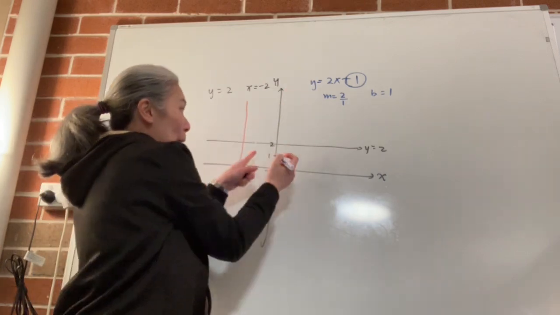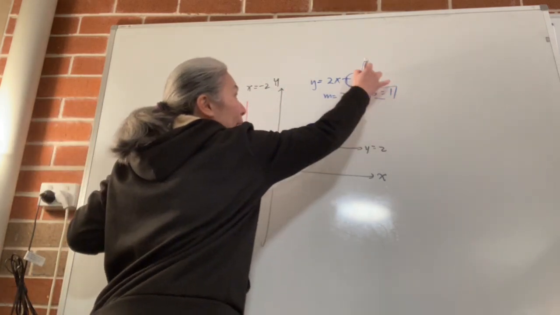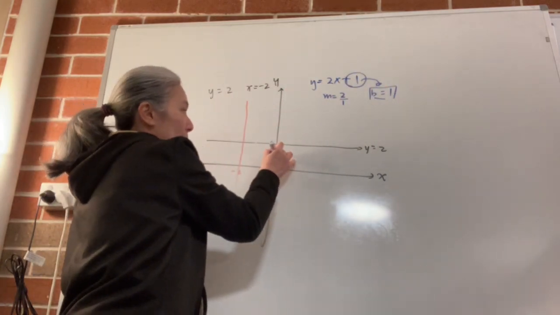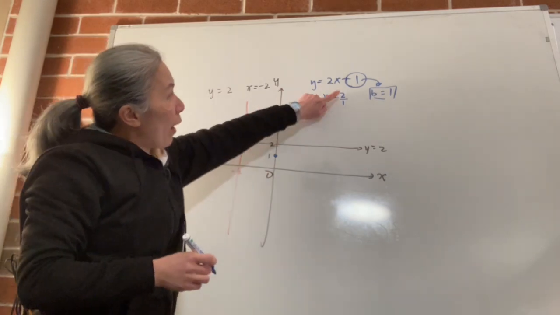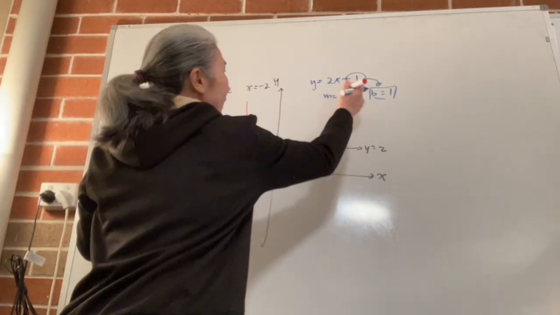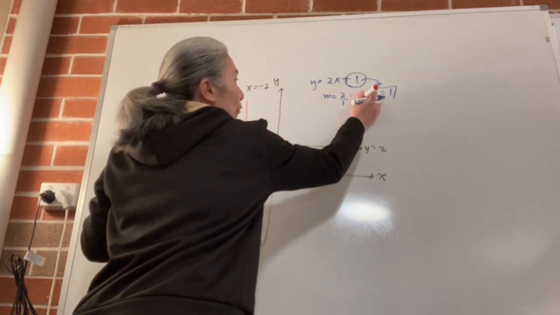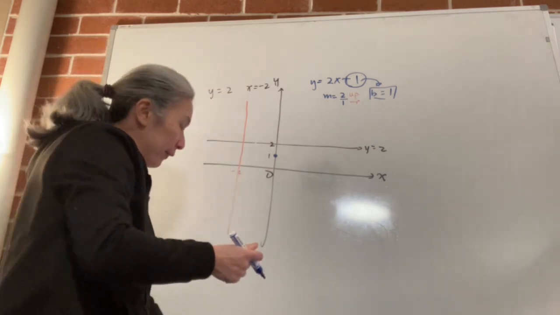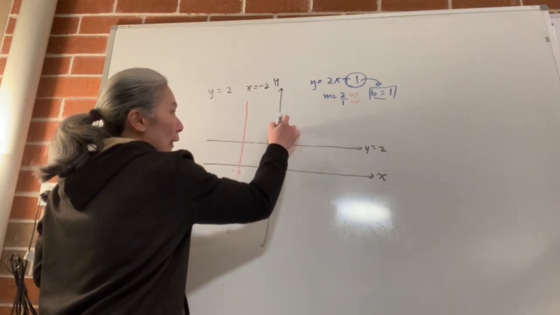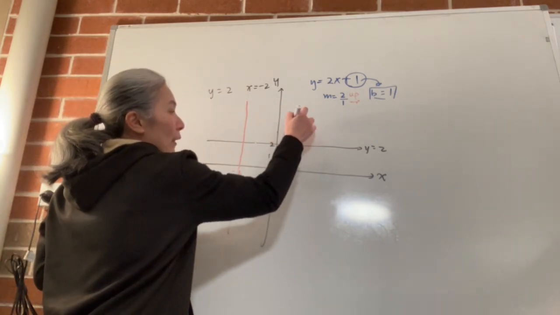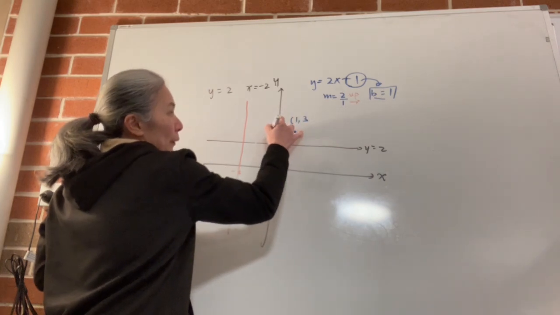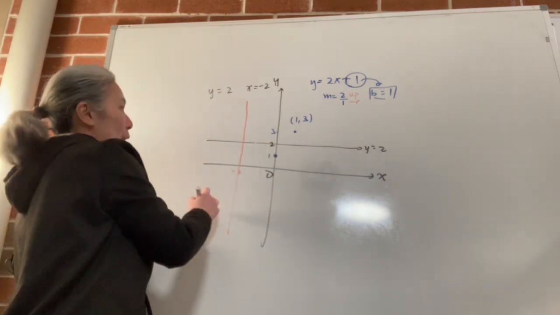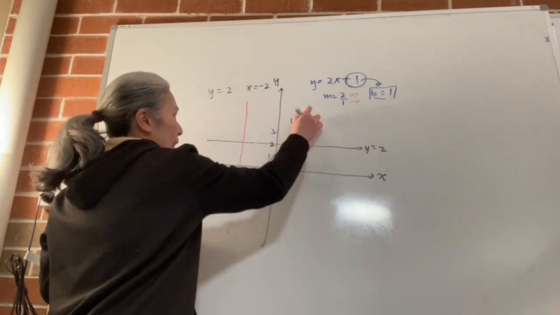So you put your pen on the b, the y-intercept. Then I go up by 2 and I go to the right by 1 because they're both positive. Go up by 2 and then go across by 1. So this is the coordinate, which is 1, 3. Is that all right? And then you join up.